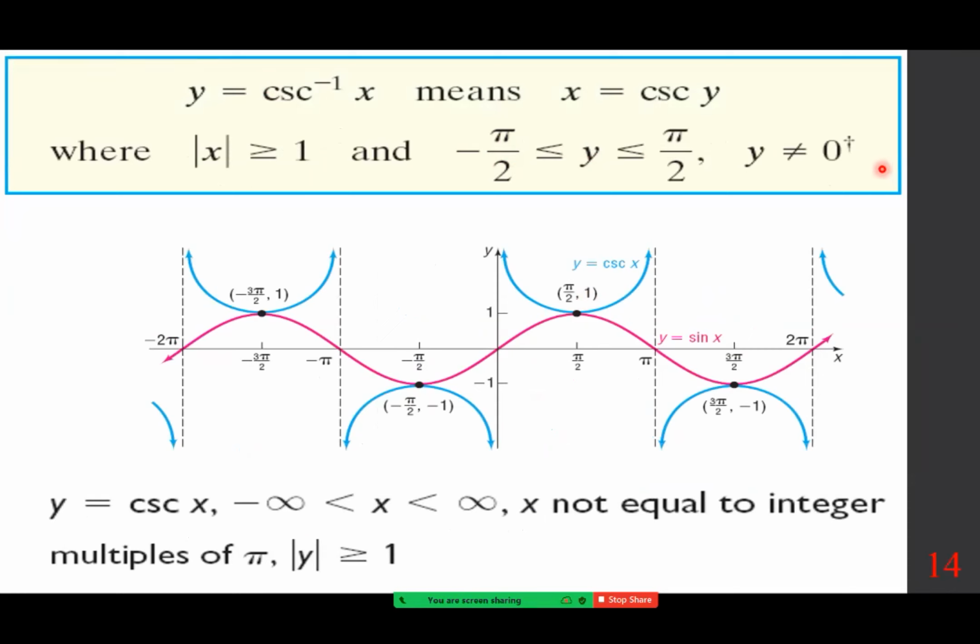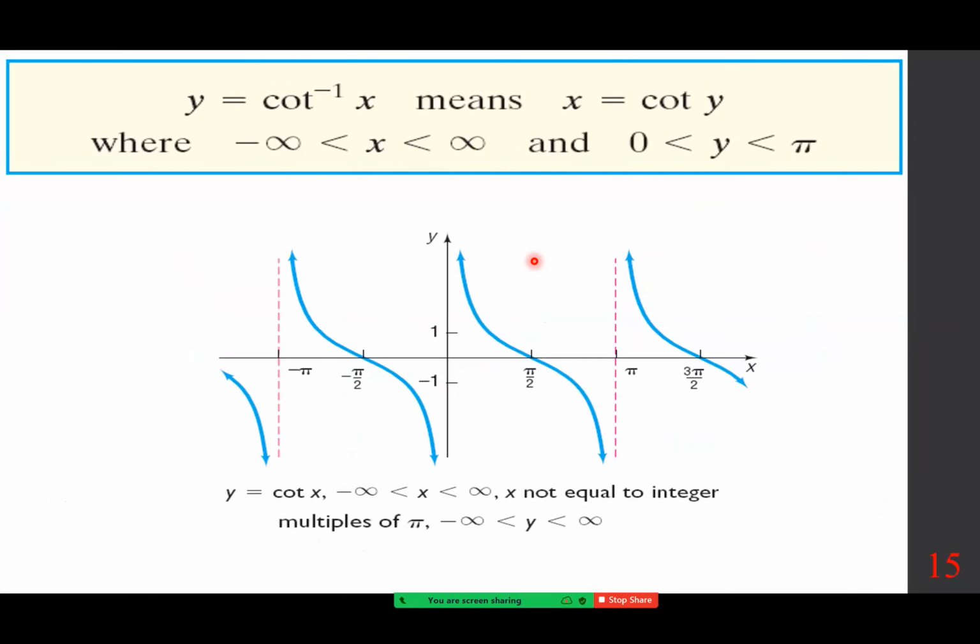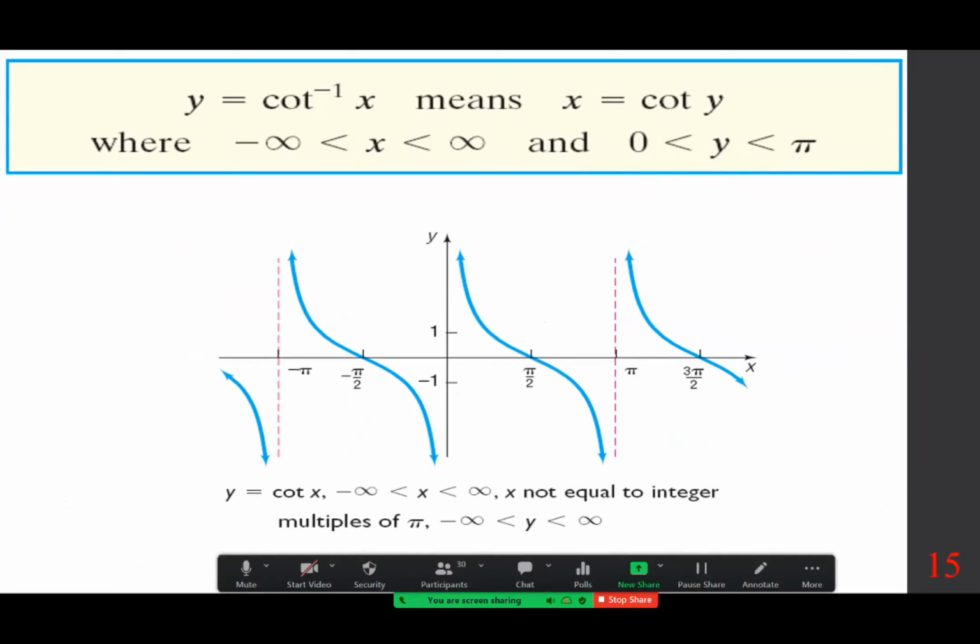Of course, y can't be 0 because of the VA, or vertical asymptotes. Cotangent, we know it goes from 0 to pi for a complete cycle, and that's why we use that as the restriction to make it one-to-one and come up with the inverse. And that's it.